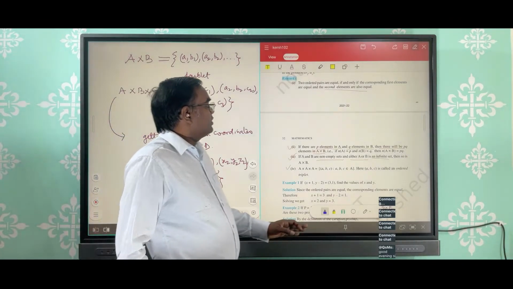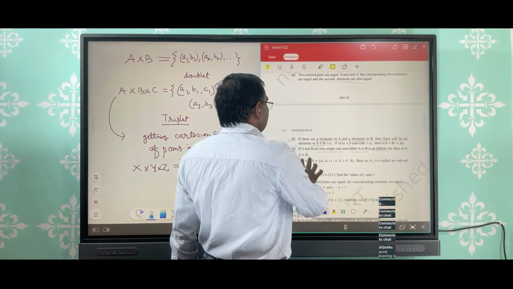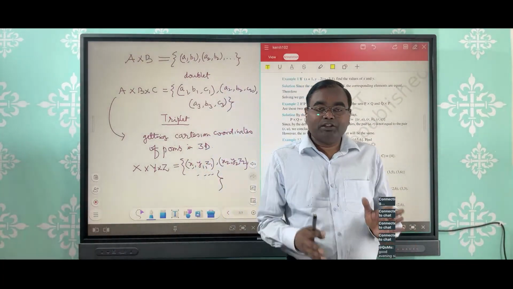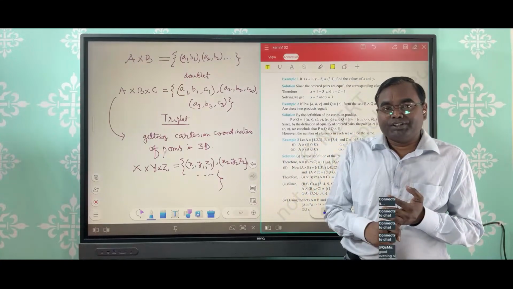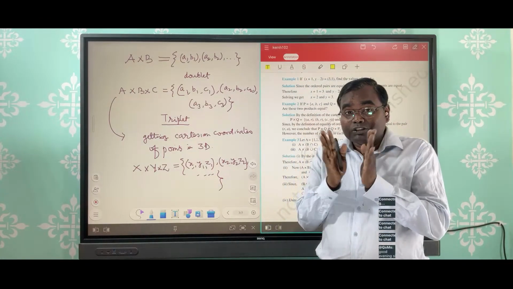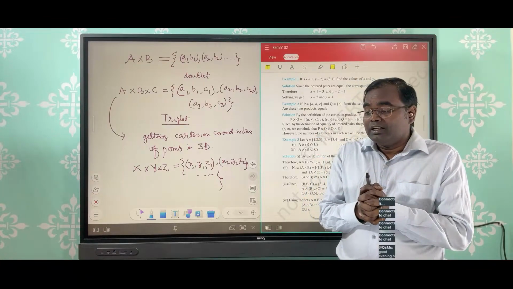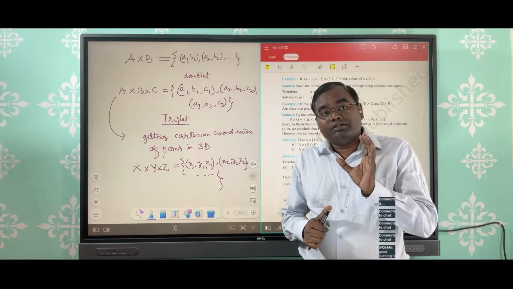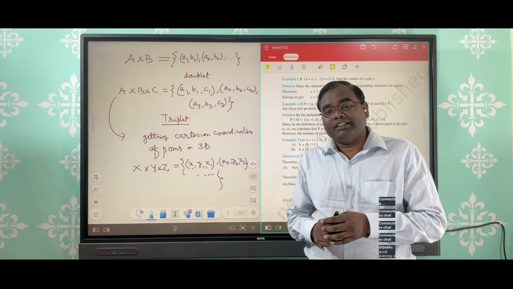Okay, so I hope that you understood the definitions of the cross product, Cartesian product, and how they can be represented as a set.